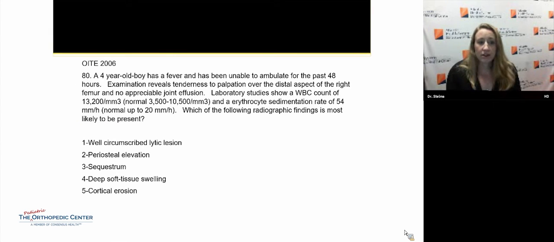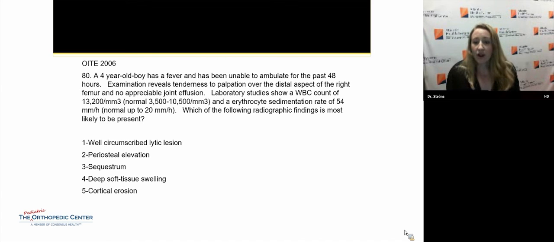All right, another question. A 4-year-old boy has a fever and has been unable to ambulate for the past 48 hours. Examination reveals tenderness to palpation over the distal aspect of the right femur and no appreciable joint effusion. Laboratory studies show a white blood cell count of 13,000, so elevated, and an erythrocyte sedimentation rate, or ESR, of 54, also elevated.